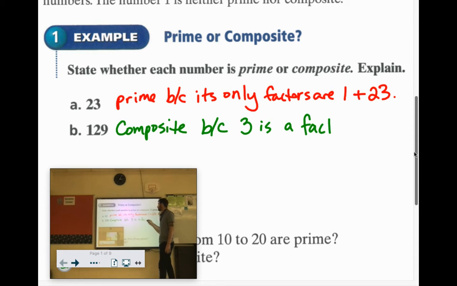As soon as you find a factor that isn't 1 or itself, you know it's composite.